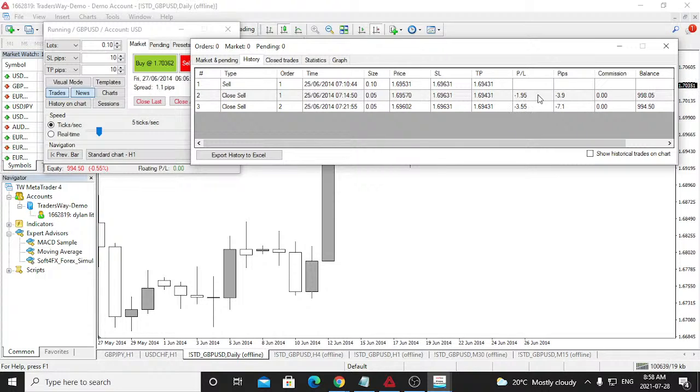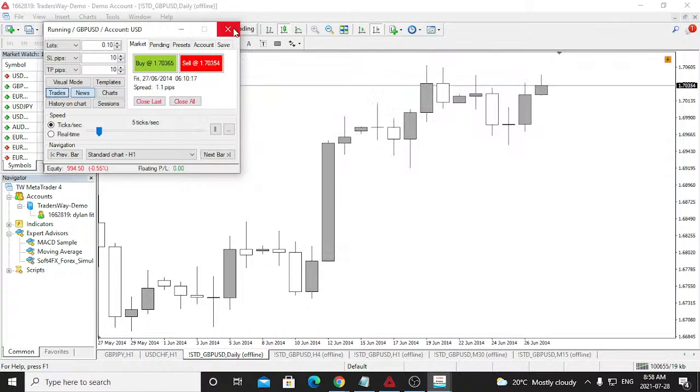When price got to around 3.9 pips, I closed 50%. Then price went an additional 4 pips, and I closed another 50%, and I lost a total of about $5.50, right? Instead of losing $10. So that's what I've been practicing. These are things that you have to practice in order to be able to bring into the live environment.